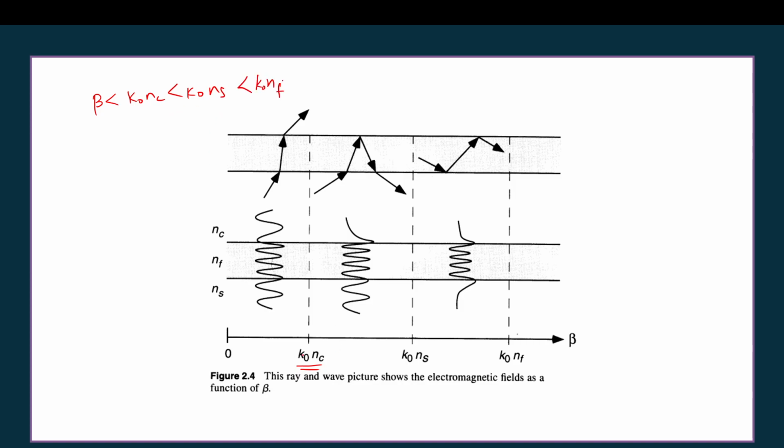In this case k naught nc and k naught ns are different, meaning the cladding index and substrate index are different. So if beta is less than this, that means beta is less than all three. That means there is an oscillating solution in all three regions, so the wave is not confined in the waveguide, rather it's present all over.